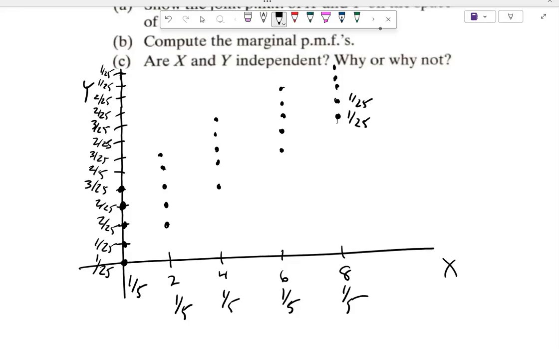I should be able to check my answer, because what should all those add up to? 1, right? They should all add up to 1, correct? 1, 2, 4, 6, 9, 11, 14, 16, 19, 21, 23, 24, 25. That does add up to 1.